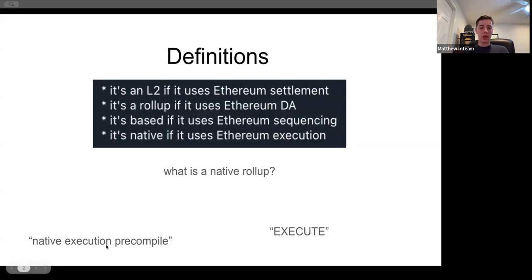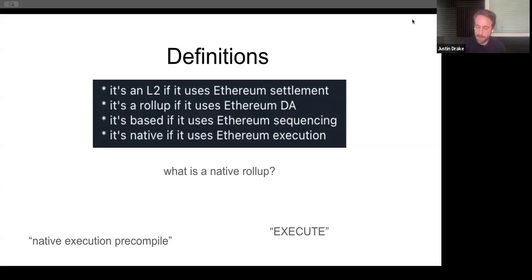So one thing I want to introduce here is a native execution precompile to refer to the precompile that is a requirement in Justin's definition to be a part of the subroutine, the default path for user transactions for execution on a rollup. And then I also suggest we use as a placeholder the opcode EXECUTE. Are there any suggestions or considerations on that?